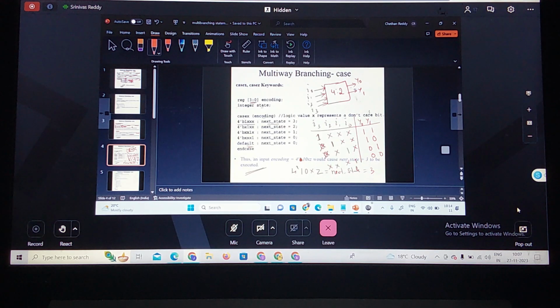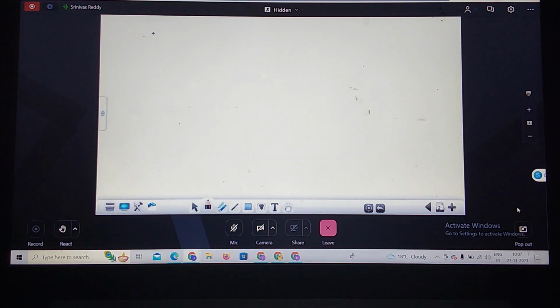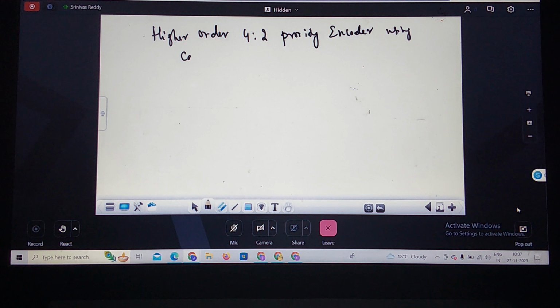Now can you write a program for this? Write a program. Let me ask: write a program for the 4x2 parity encoder, higher order, using the case statement.